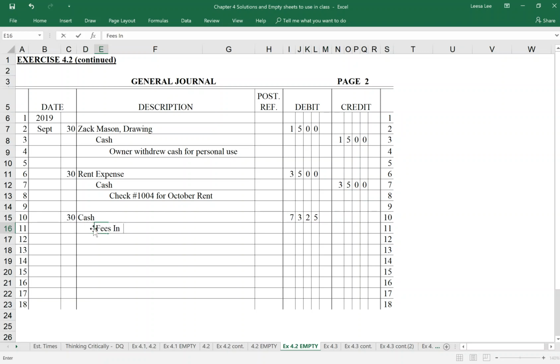So that's fees income, 7,325, and a notation, performed service for cash.